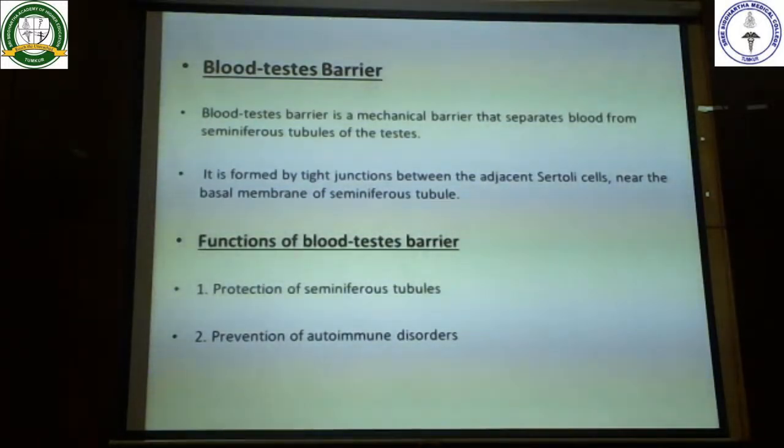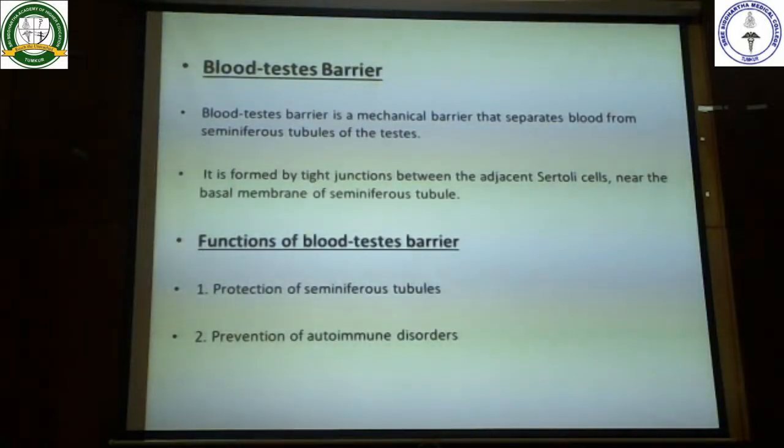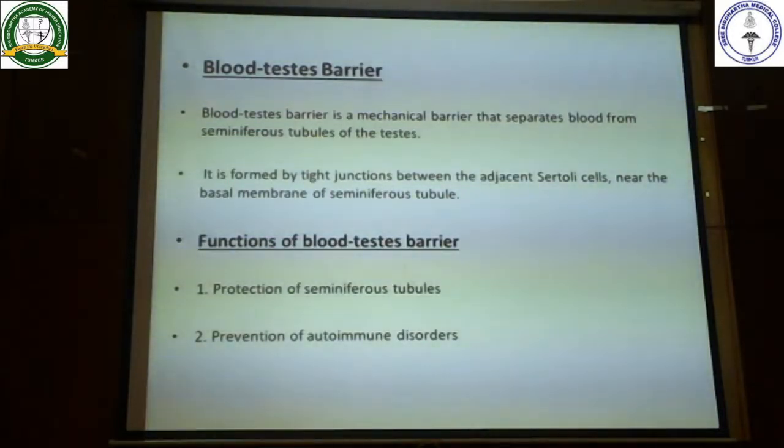It is formed by tight junctions. As it is a barrier, it has to be a tight junction. It is a tight junction between the adjacent Sertoli cells near the basal membrane of the seminiferous tubules. So one more thing, the Sertoli cells help in the formation of the barrier, that is the blood-testis barrier.